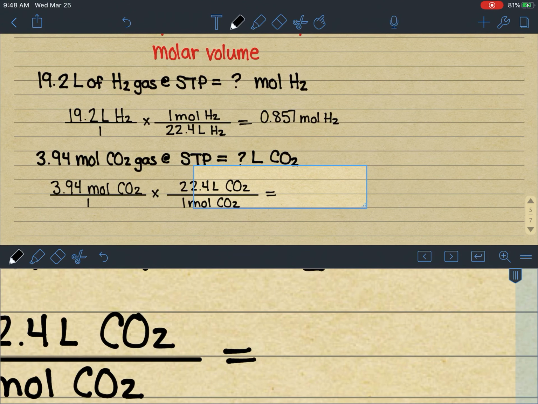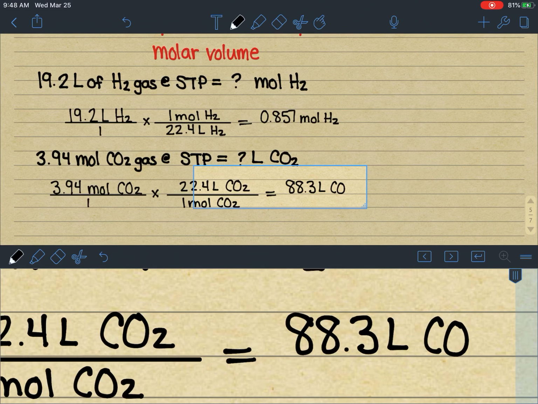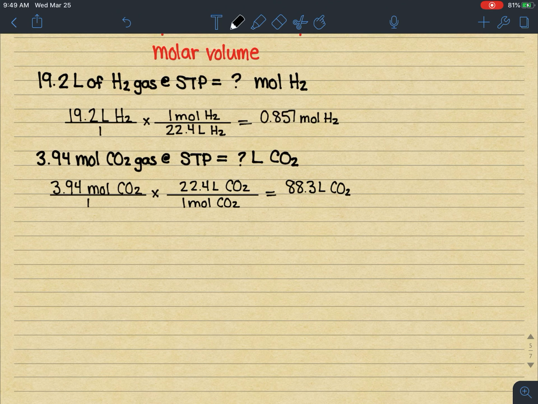Again, this equation only works at standard temperature and pressure. So 3.94 times 22.4 gives me 88.256, so 88.3 liters of CO2. Why would that be important to know?